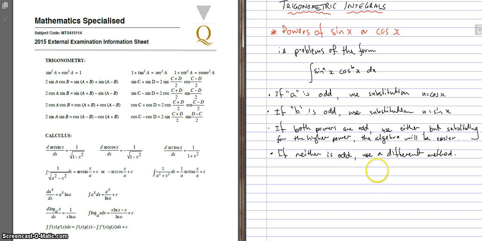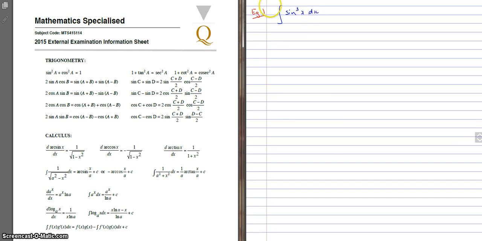So let's look at a few examples. Here we've got our first example. Find the integral of sine to the power of 3 of x.